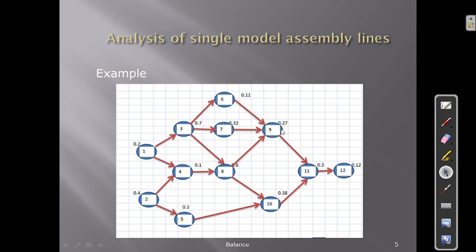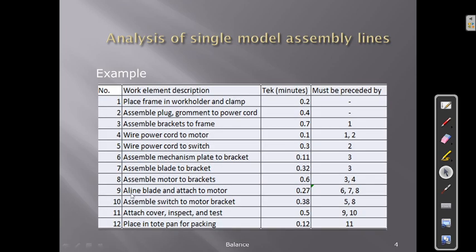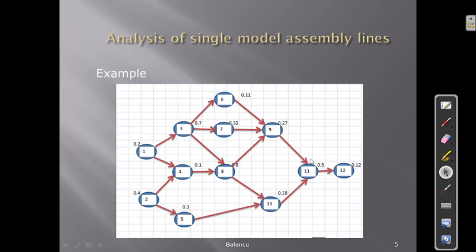Likewise, we draw another column. Work element number 9 has 3 predecessors, 6, 7 and 8, as we can check in the table. Then 11 has the predecessor of only 9, and 10 has predecessors 8 and 5.